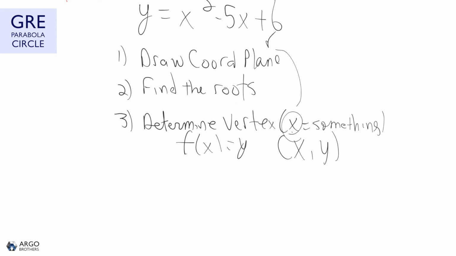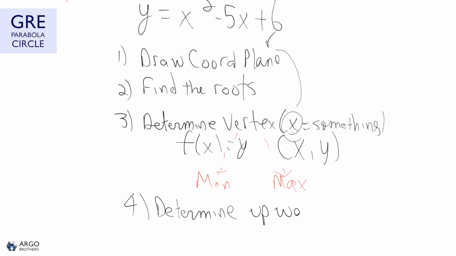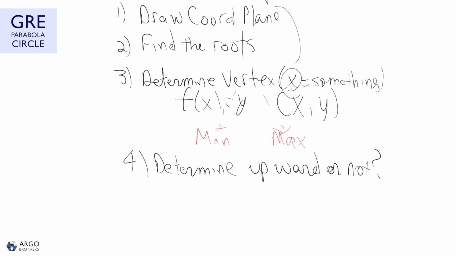So remember, this vertex will be either a minimum, I'll write min, or a maximum, max. After you do that, then you must determine if it's upward or not. Alright? And then once you determine the shape, which is upward or downward, you need to start graphing.